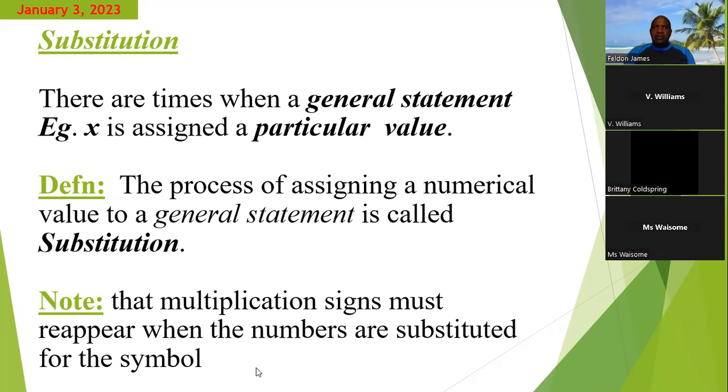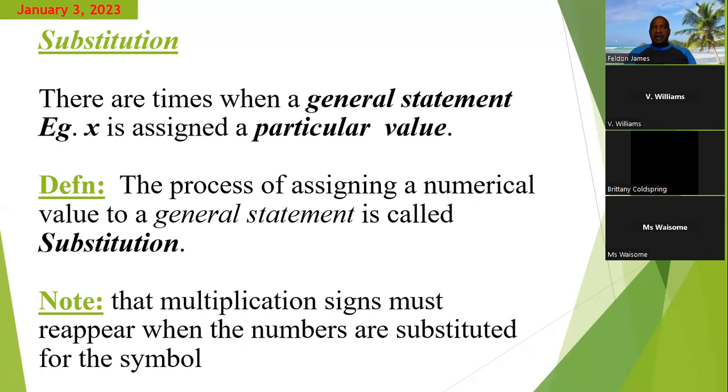So the moment you replace the letters or the symbols with numbers, and you're carrying out an operation, wherever there is a need to put back your multiplication sign, you must put back your multiplication sign.